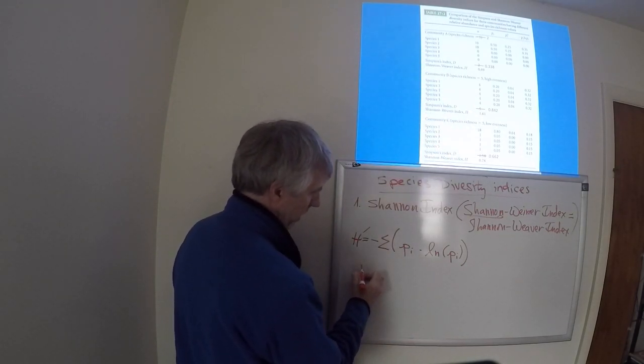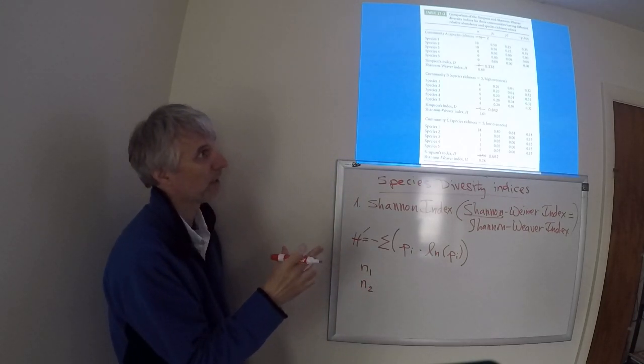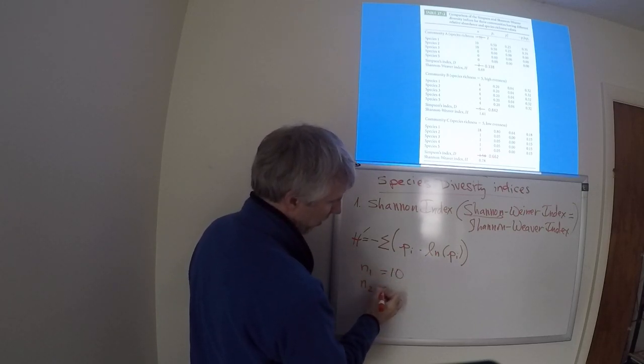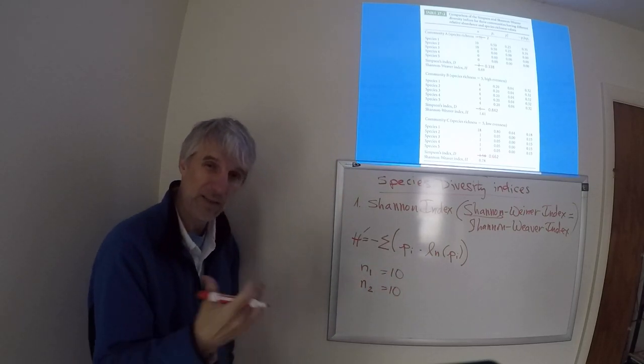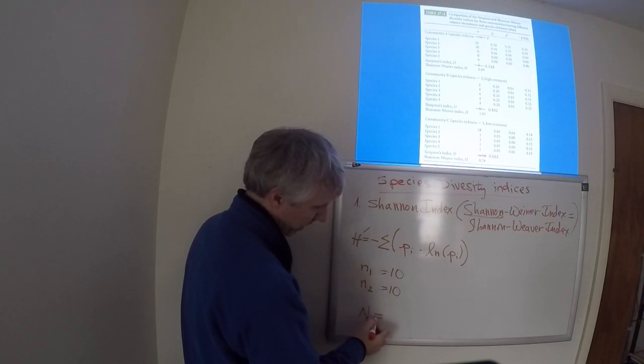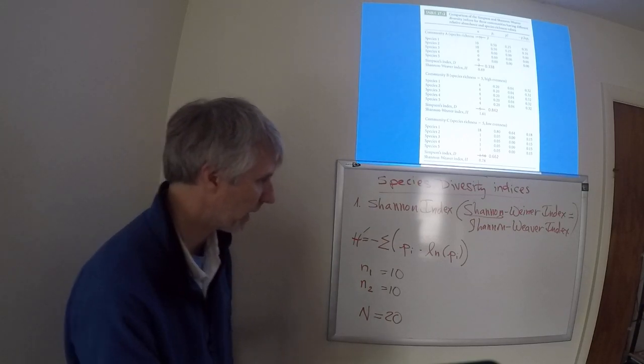Okay, all right, let's go ahead and work through a couple of these calculations. So N1 and N2, that's the number of individuals within each of the 2 species. Just so happens that in community A, they're both the same value. That would mean that the overall abundance, or overall number of individuals, would be 20.